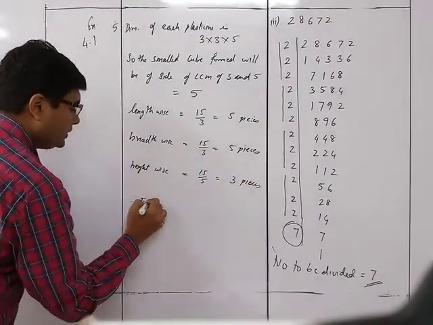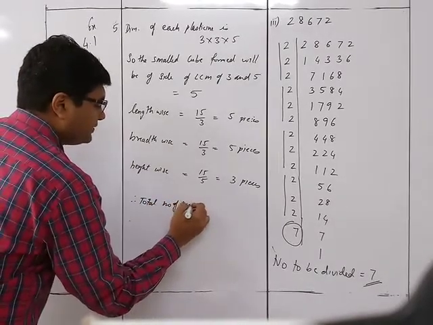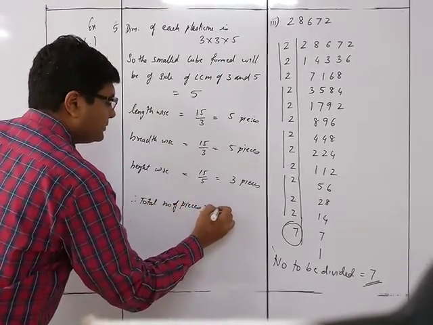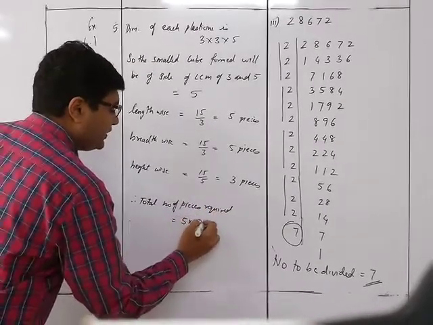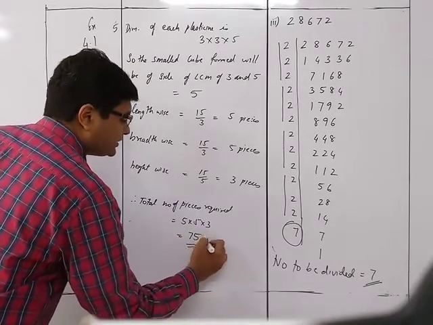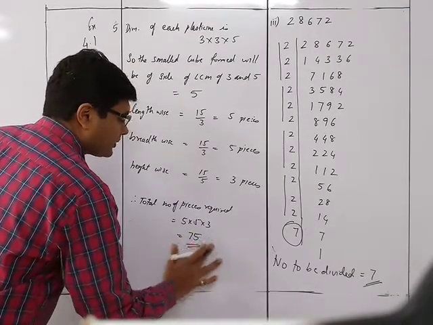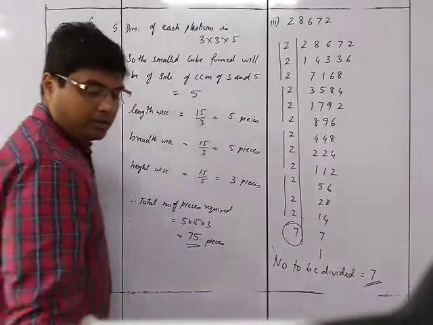Therefore, the total number of pieces required is equal to 5 into 5 into 3, which is 75 such pieces. Okay, and just check it out.